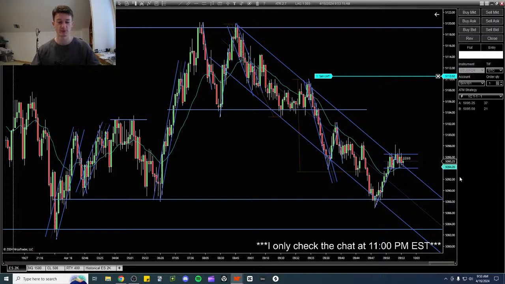That could be an interesting setup to me. I'm going to go ahead and take this order off. Order canceled. Looking less likely that I'll be looking for a short here.